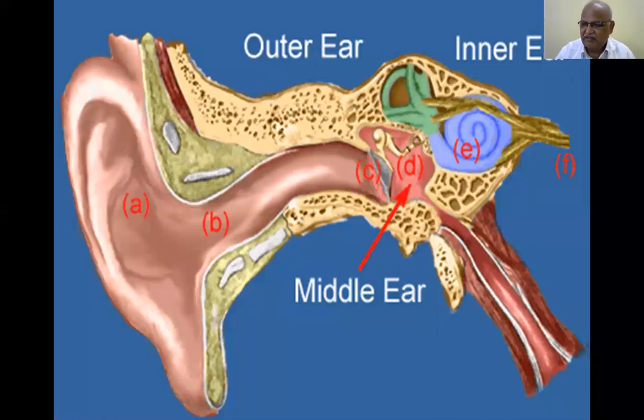The outer part is bony, and inside the bony part the membranous labyrinth is present. These two are separated by perilymph. Anteriorly cochlea, central part vestibule, posteriorly semicircular canal; that order is given in your standard textbook.